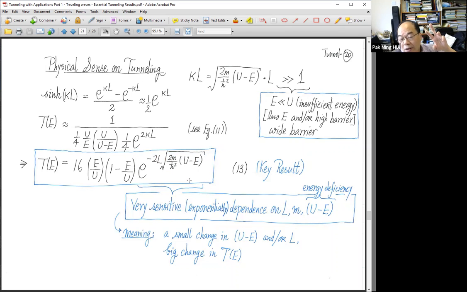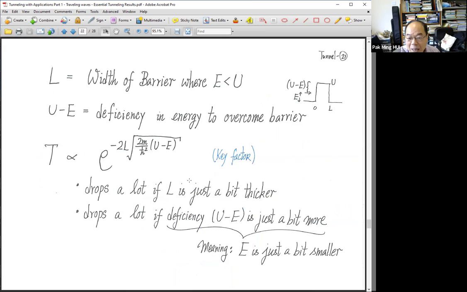These 2 points turn out to be very important in understanding alpha decay, inventing something called the scanning tunneling microscope, etc. So engineers are very clever. They may not know how to derive it up to a factor of 2, things like that, but they know the point. And I want you to know the point as well, okay?